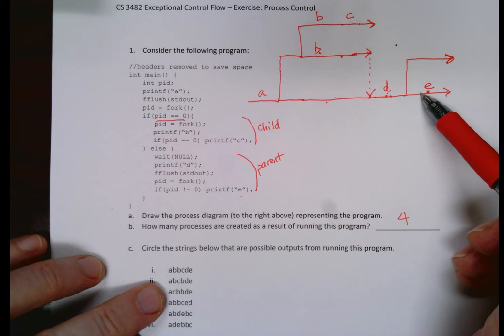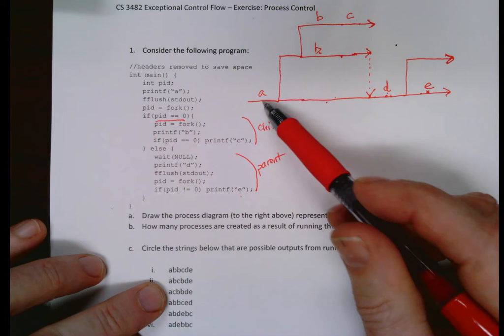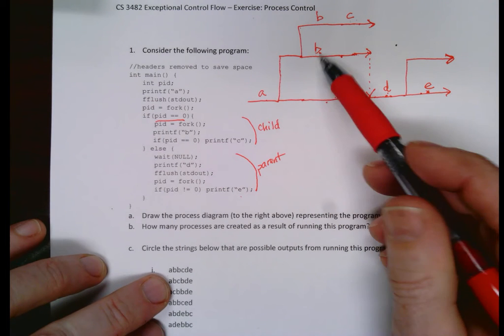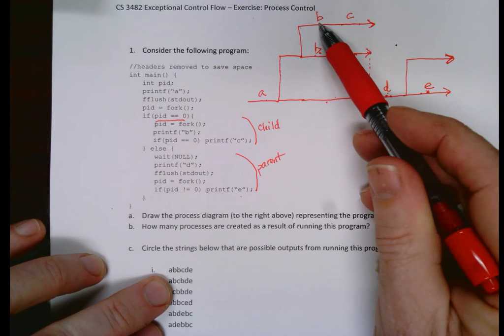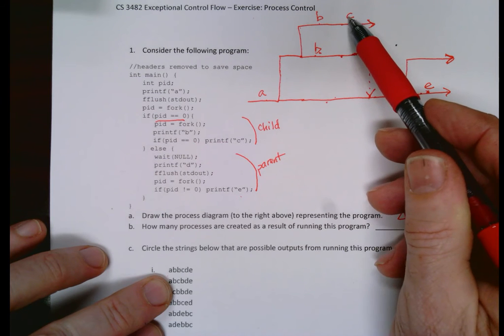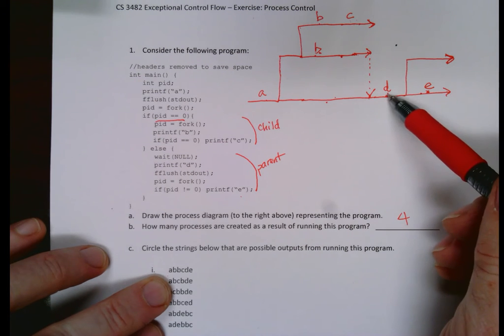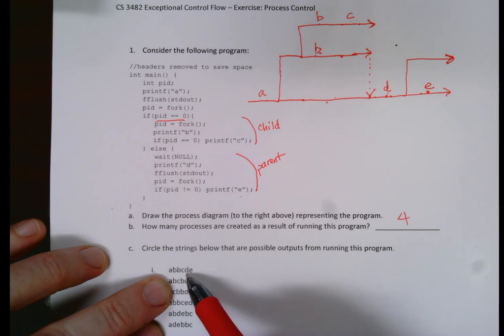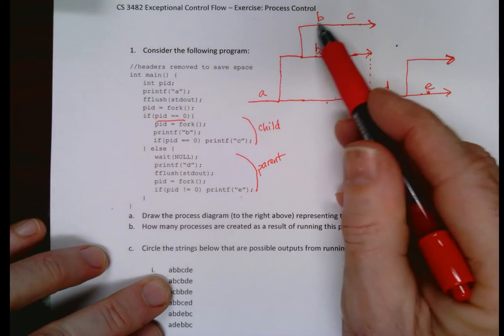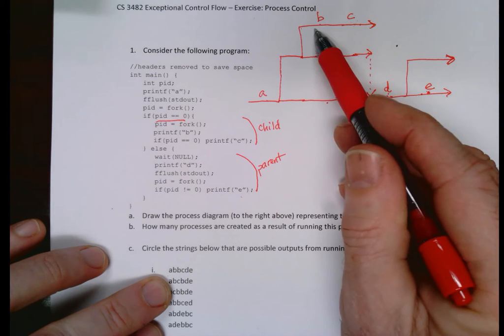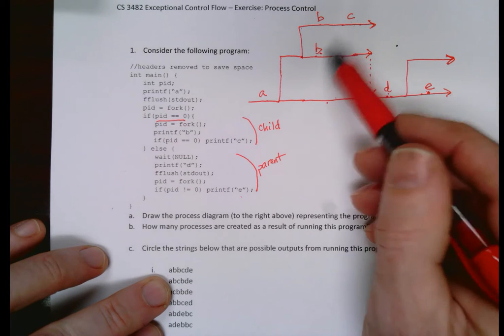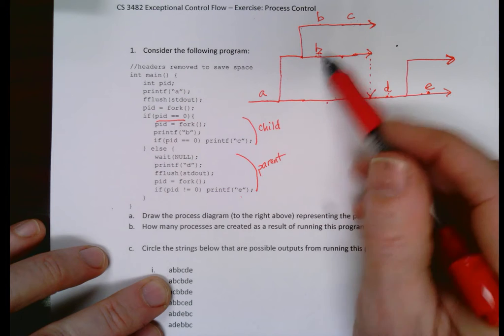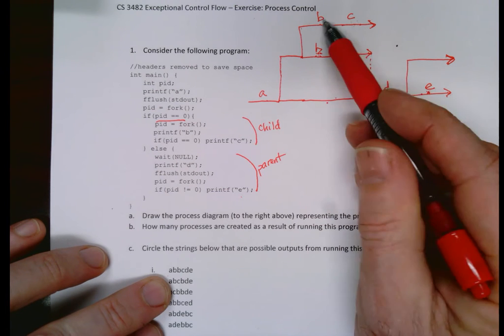Possible outputs. A, B, B, C, that could all happen. So there's at least one B before the D. There's a BC, that has to happen in that order. The C can't come before the B. It could come before this B, so it could be BCB.